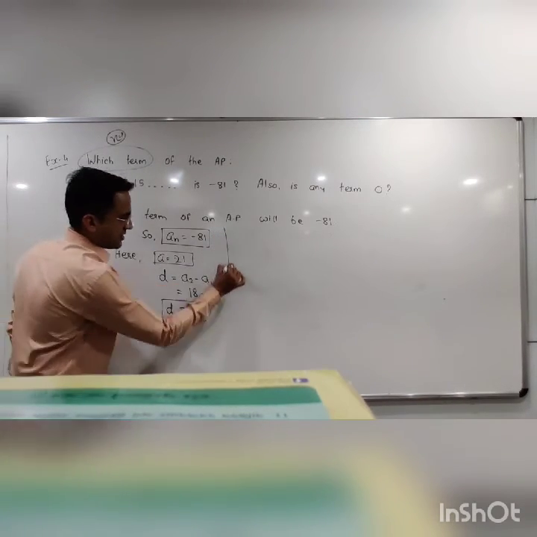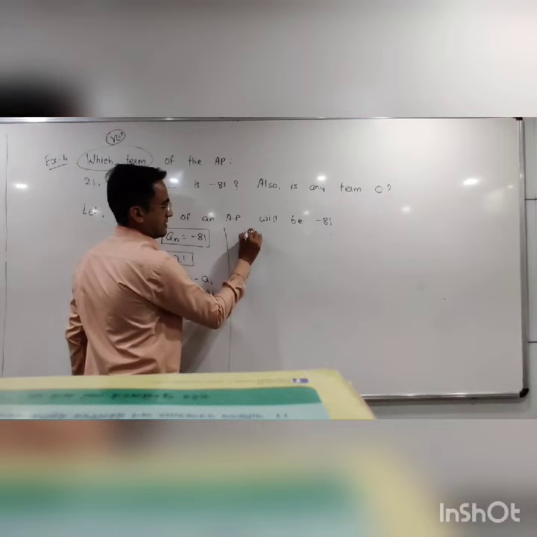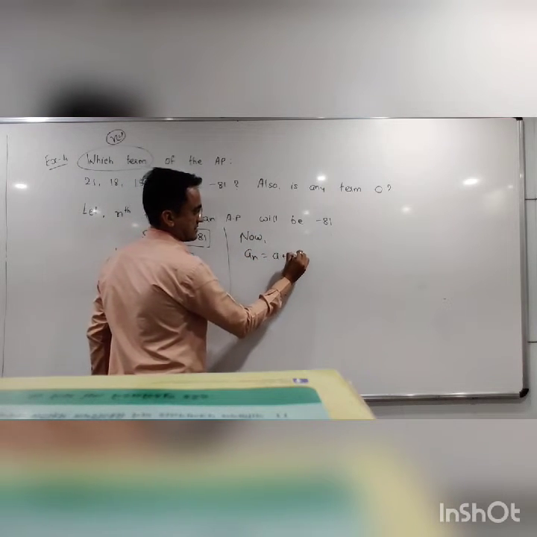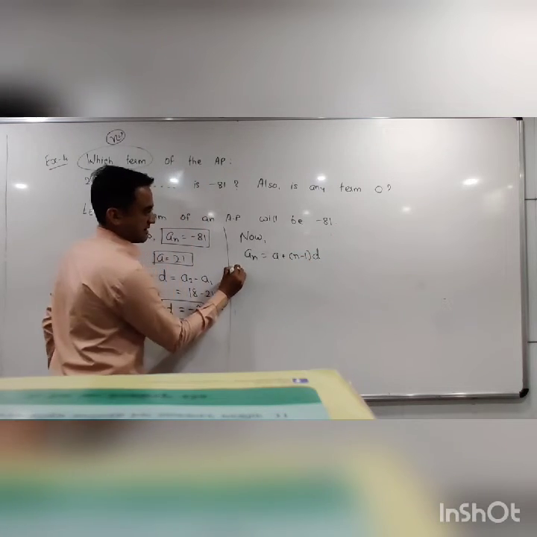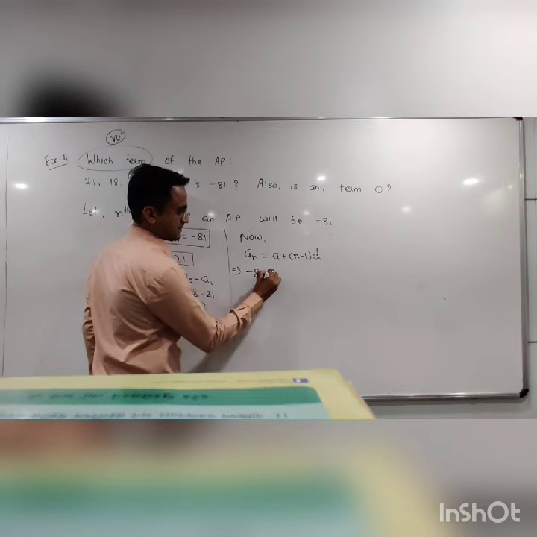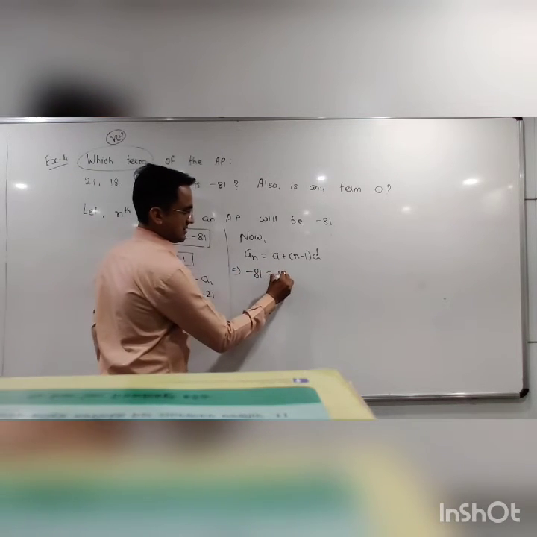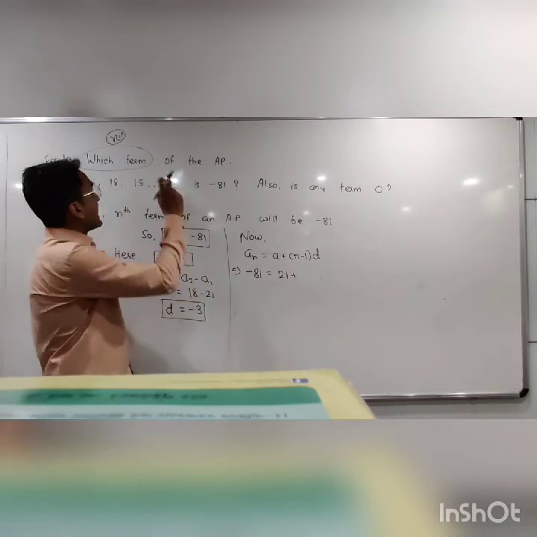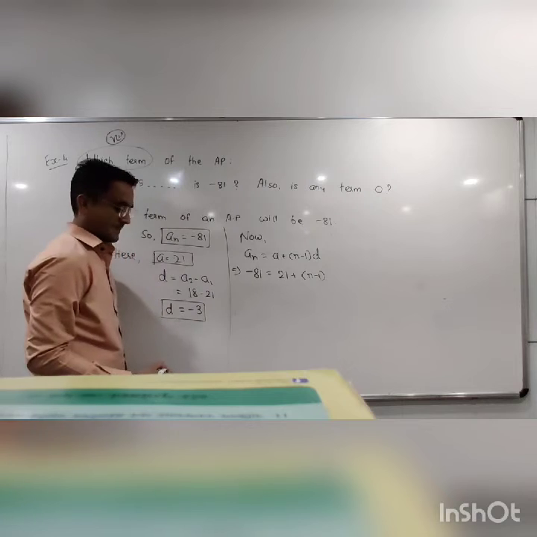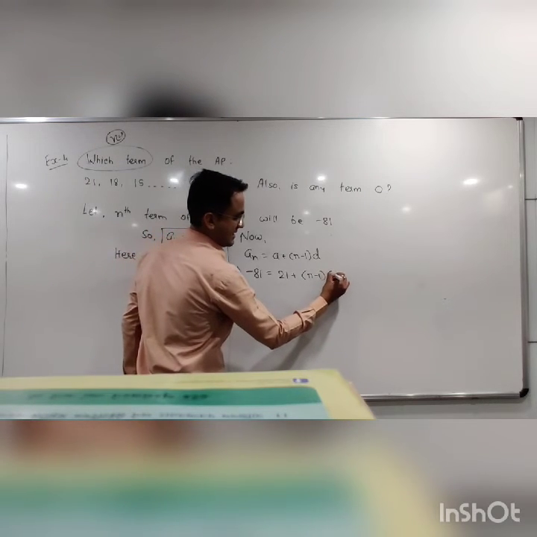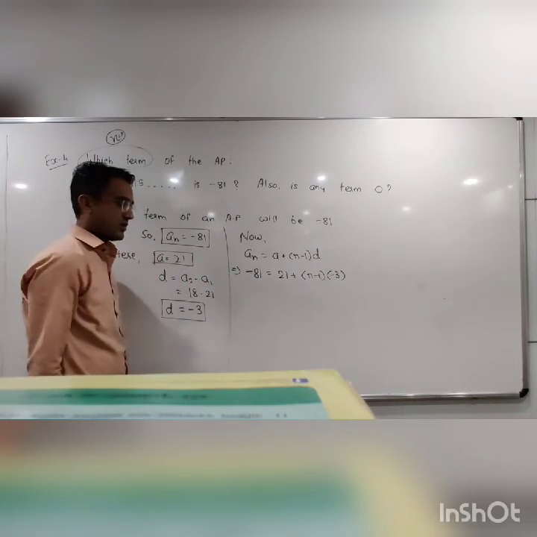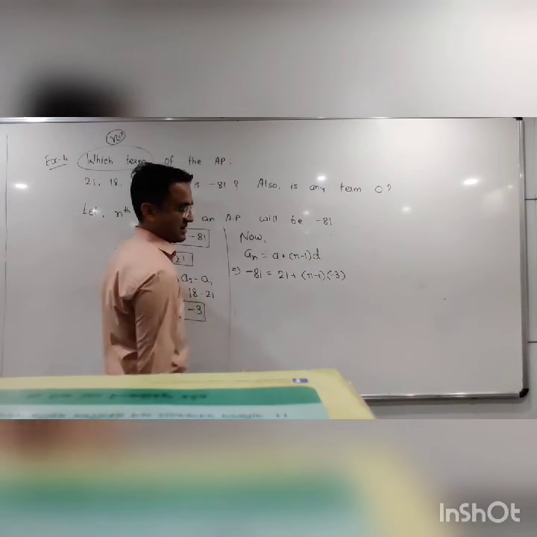Now in the formula an is equal to a plus (n minus 1)d. Now an is equal to minus 81. a means 21. Here n I have to find because which term is this I don't know. d means minus 3. See here you have to write a bracket, otherwise it will be wrong because these two are in multiplication.